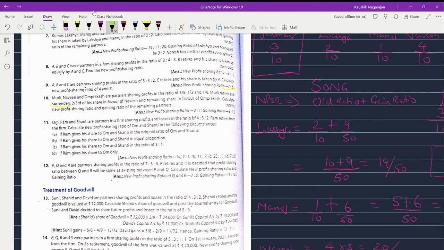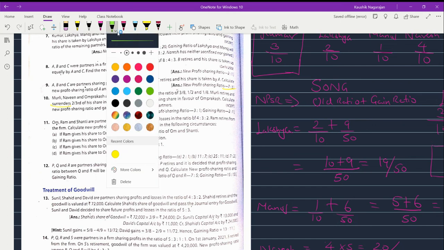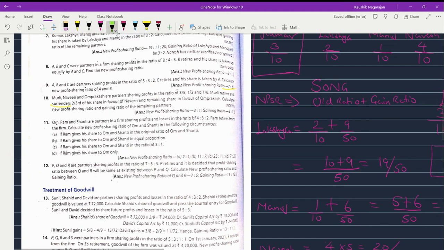So who's going to take over Murali's share? Read the question once again. Just a minute. There is some issue.